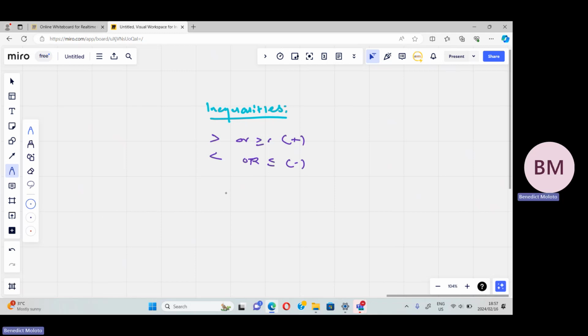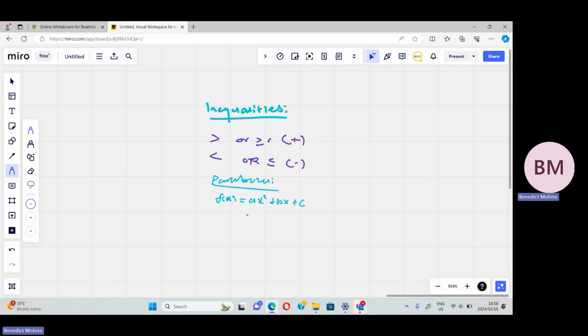Then again, from here, just have to know, in inequalities, we deal with a parabola. Our parabola is a function f of x equals ax squared plus bx plus c, right? This is what we call a parabola.